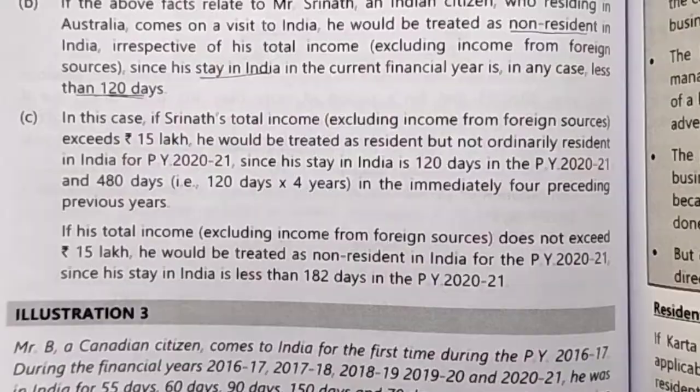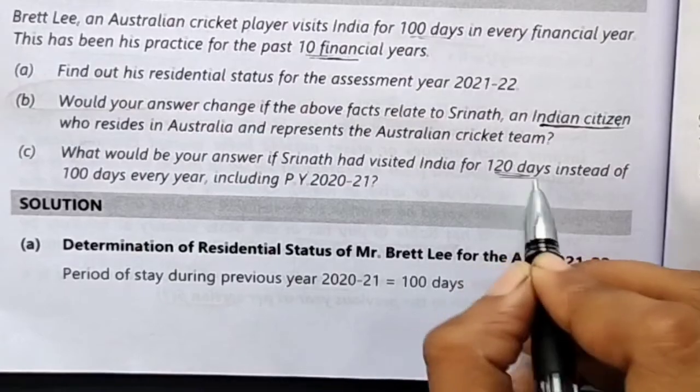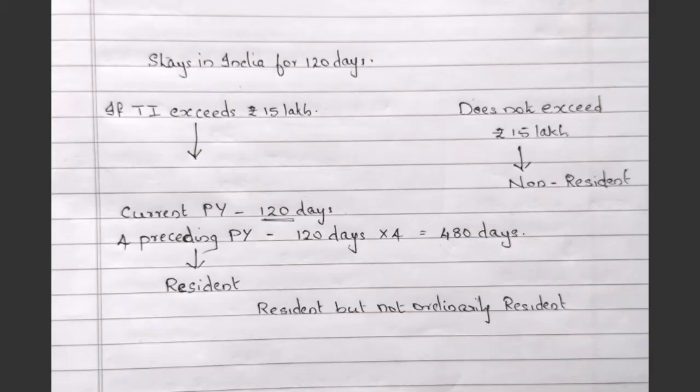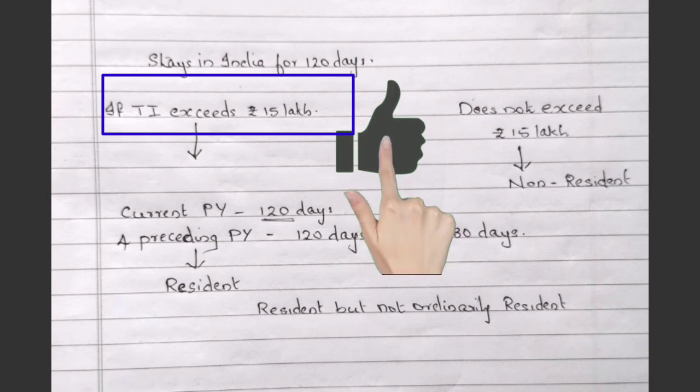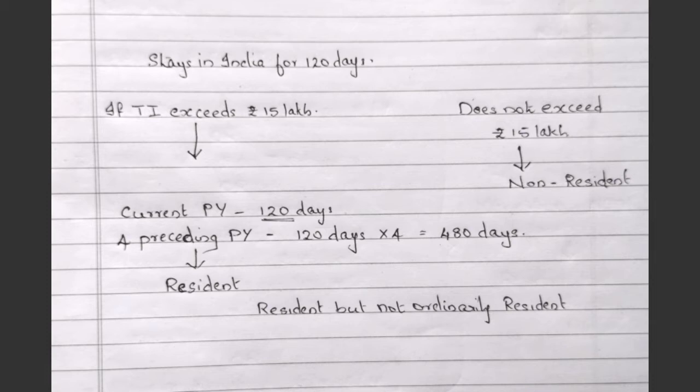Now, the third case. What would be your answer if Srinath has visited India for 120 days instead of 100 days? So, here Srinath visits India for 120 days instead of 100 days in this question. The answer will be: if the total income excluding the income from foreign source exceeds rupees 15 lakh, then the conditions are he must stay in India for 182 days or more during the current previous year, or 120 days during the current previous year and a total of 365 days during the 4 preceding previous years, to become a resident.